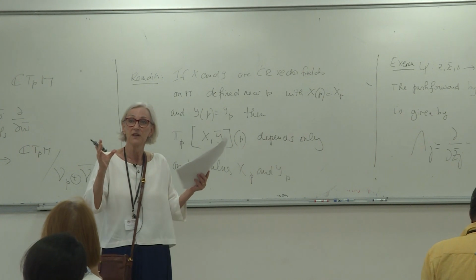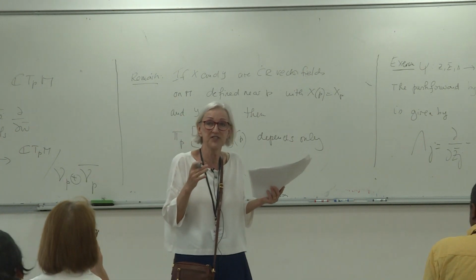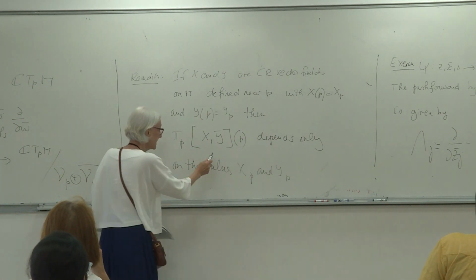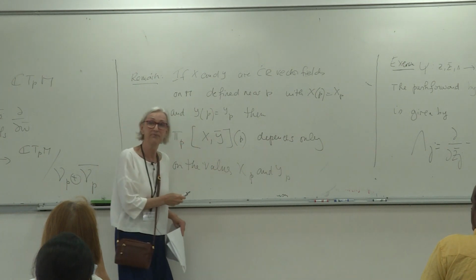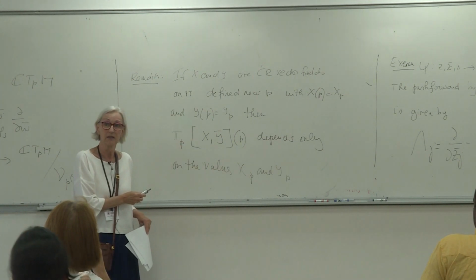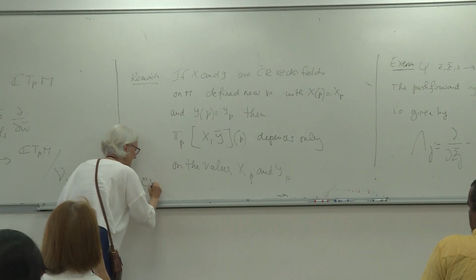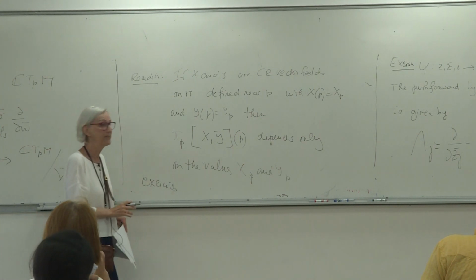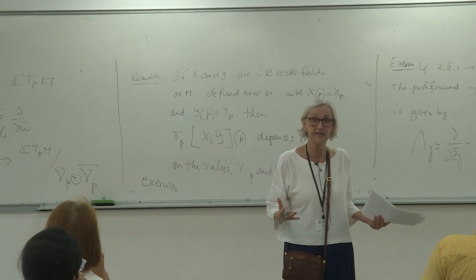You could have two vector fields with the same value at p. But if you consider that, it just depends on the value of xp and yp. So it's an exercise. It's not hard. There is no problem. Therefore, you can make a definition which makes sense.